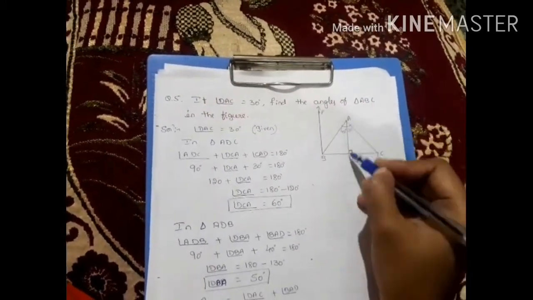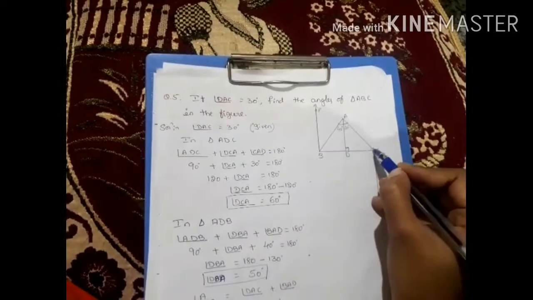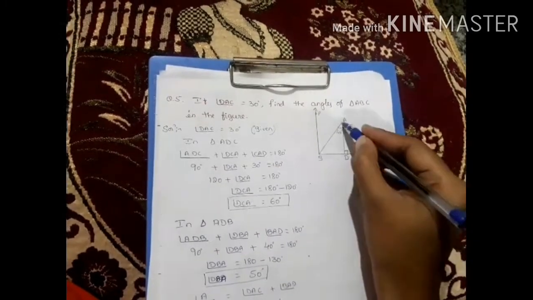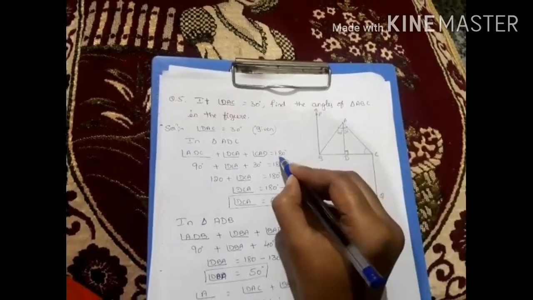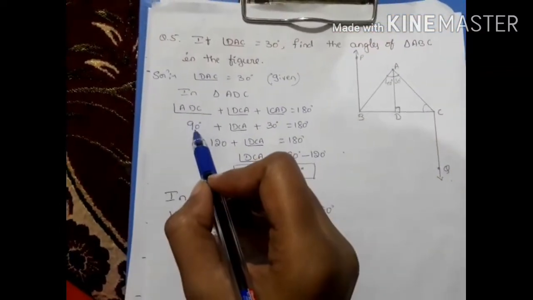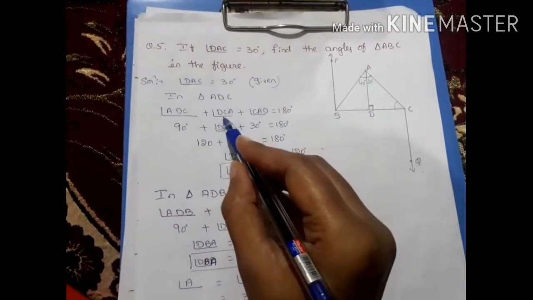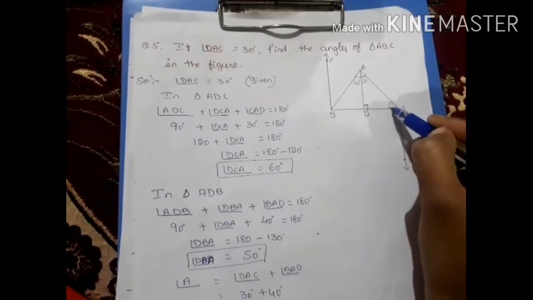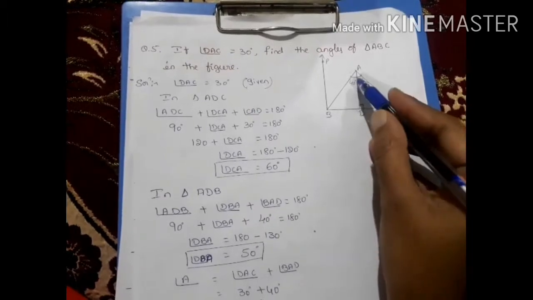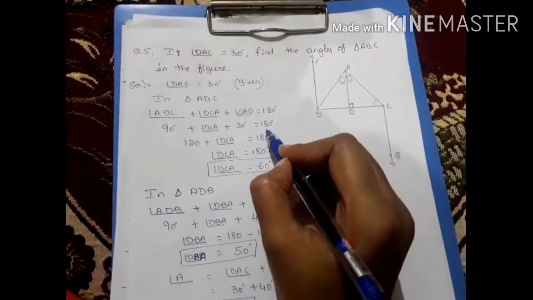Okay, angle ADC plus angle DCA plus angle CAD, which is equal to 180 degrees. Angle sum property. Okay, angle ADC how much is given? 90 degrees, plus angle DCA, this you have to find, keep as it is, plus angle CAD, this angle is given already, 30 degrees, is equal to 180 degrees.